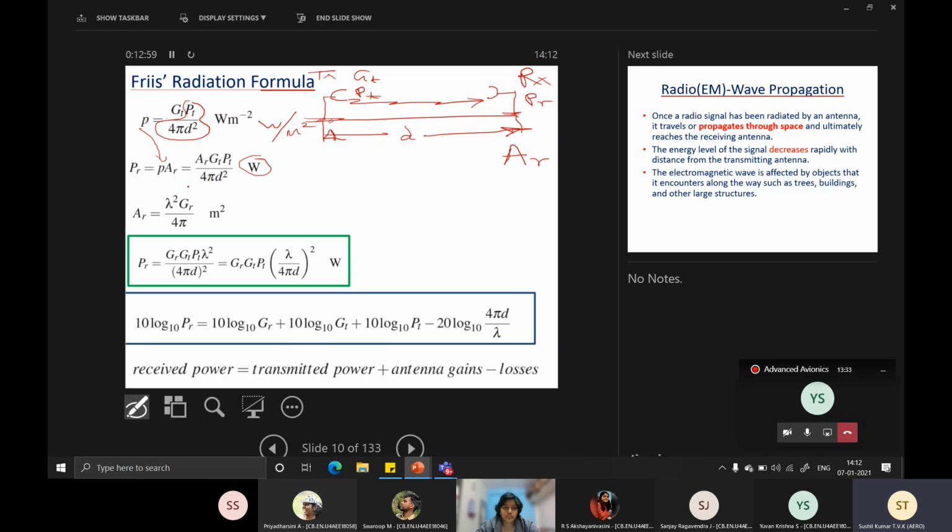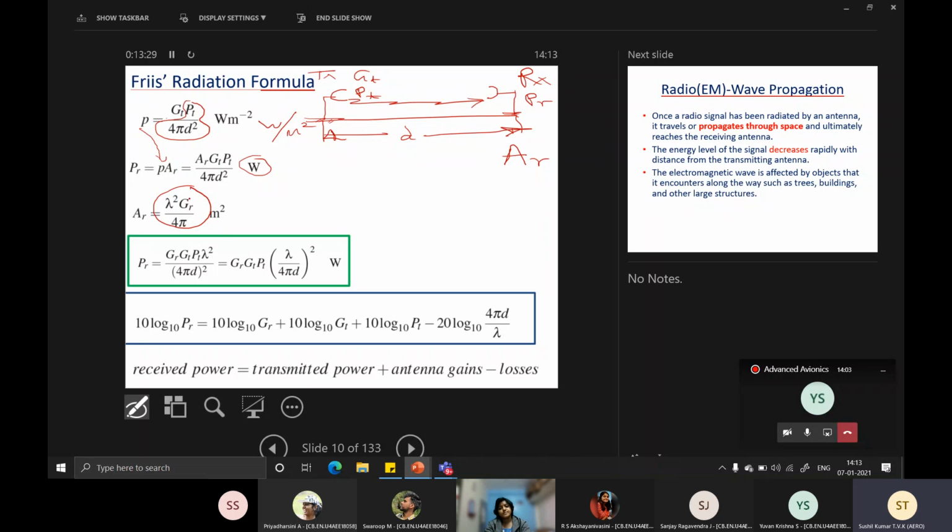Subsequently, when we'll be discussing antennas, there I'll tell you why this receiving antenna area is given by this formula, lambda squared into gain of that receiver by 4 pi. We'll either derive it or we'll just state it. So this area of the antenna is given by it. But you can just see the dimensions, okay?